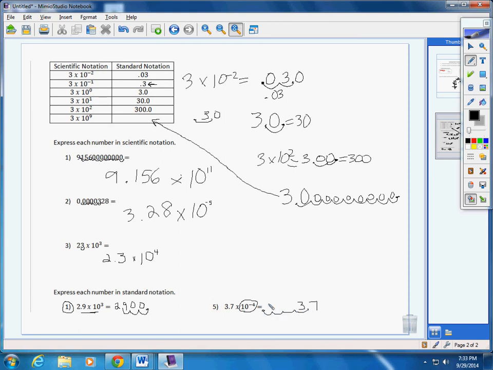Put the decimal down. Add my zeros. And if you write really ugly and not very neatly, you might mess up these humps, so you might add an extra 0. So please be careful, take your time. Here we are, our answer should be 0.00037. This is standard form because we don't have any powers that we're multiplying it by.